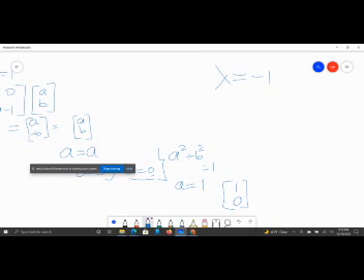On the other hand, we had the other eigenvalue, which was that lambda is equal to -1, right? And so we can just go through this entire process again.